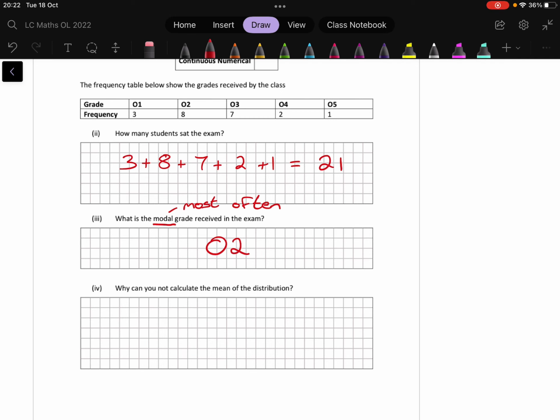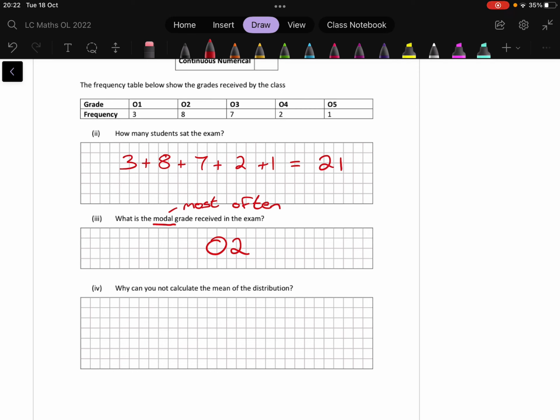The next part then says, why can you not calculate the mean of the distribution? So if we think about calculating the mean of these frequency tables, when we've done that before, we have generally multiplied the frequency by whatever was at the top of the table, whatever that was referring to, and usually that was a number. The reason we cannot calculate the mean of this distribution is because the data in question is categorical data instead of numerical, and we can only calculate the mean when we have numerical data.